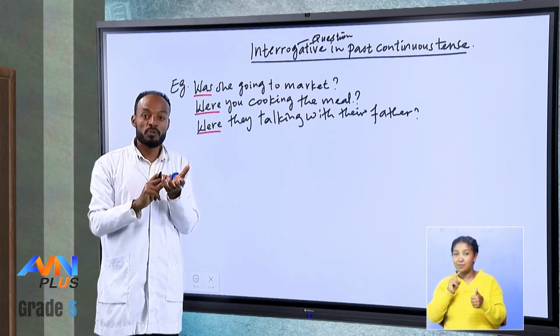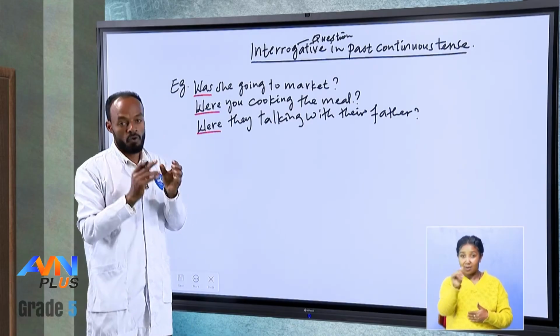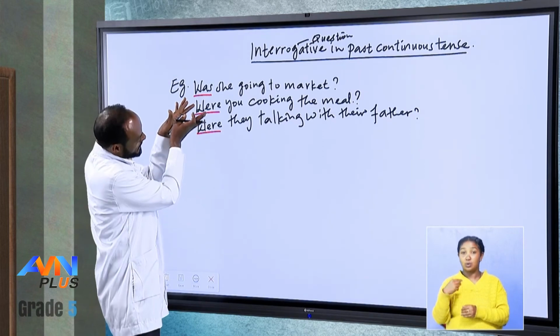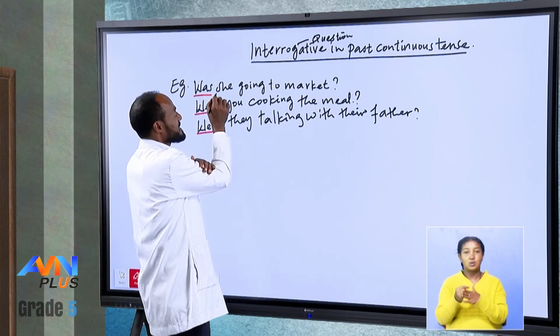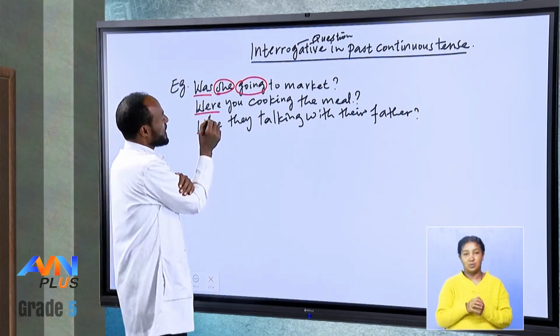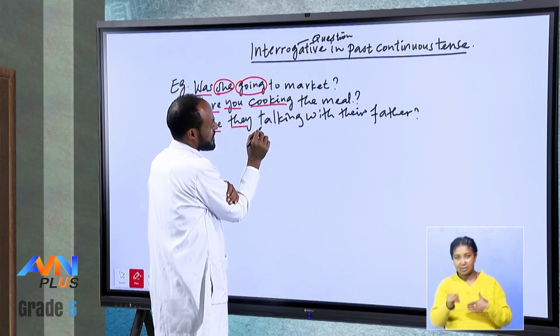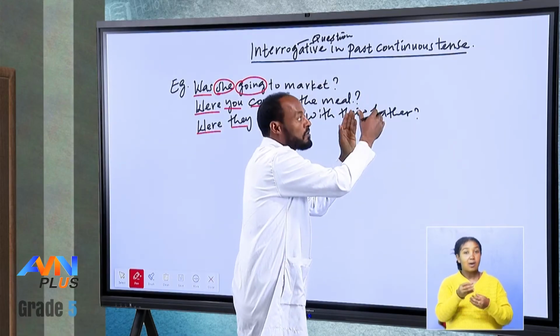If maybe the subject is you, we, and they, or two or more subjects, so you have to use what? Were. At the beginning of the sentence. So then, here is the subject. Verb ing. Here is the subject. Verb ing. The subject, verb ing, then this one can be said object or complement.